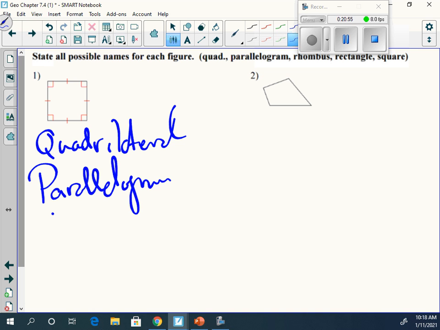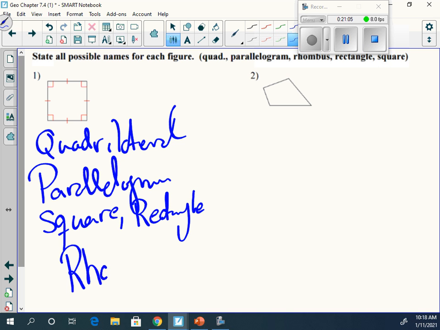We know it's a parallelogram because it is a square and a rectangle and a rhombus. Because it's a square, rectangle, and a rhombus, it has to be a parallelogram, and it's obviously a quadrilateral.